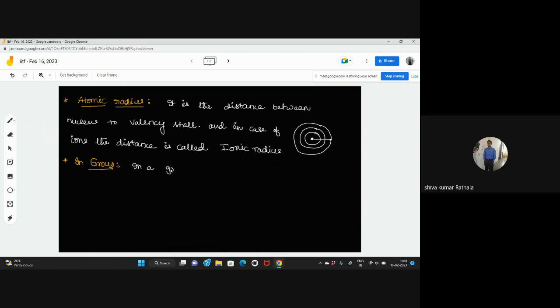In a group, from top to bottom, with increase in atomic number, atomic size also increases.